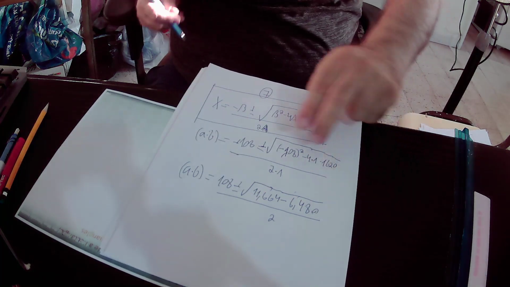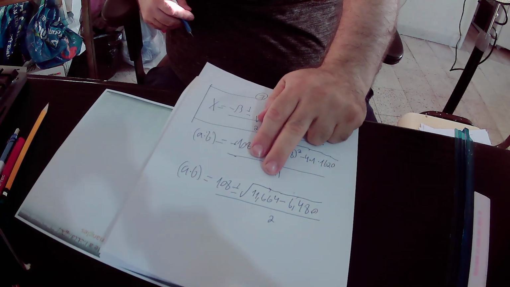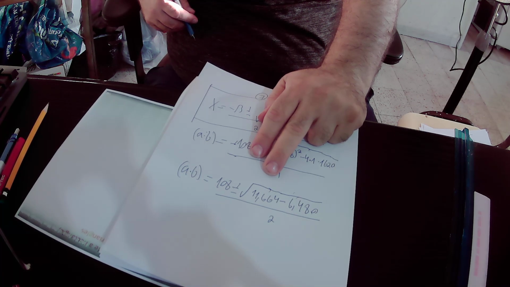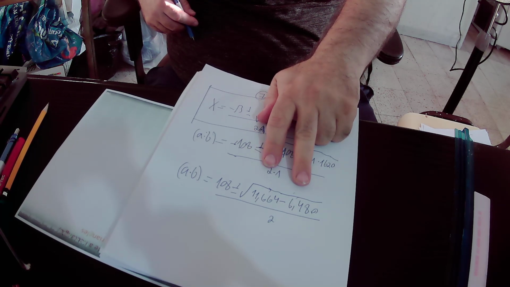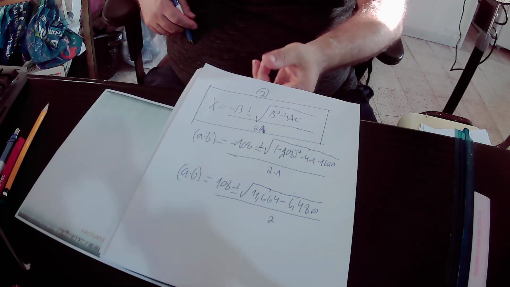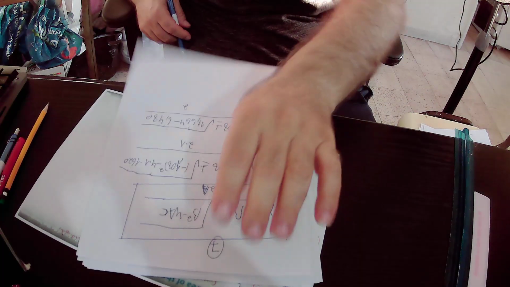So now we will subtract 6,480 from 11,664.